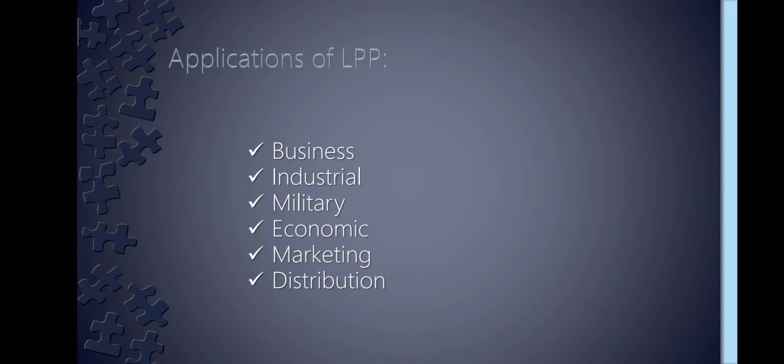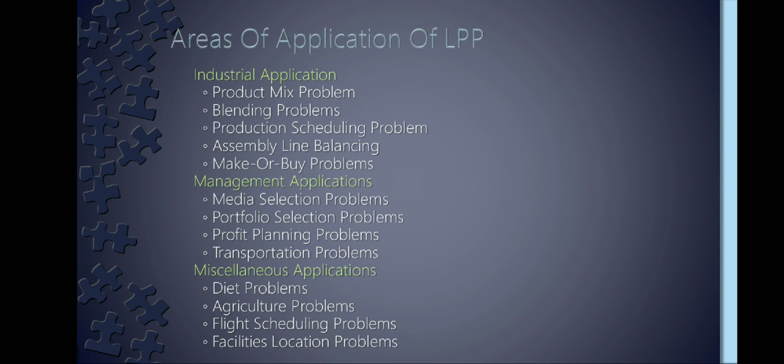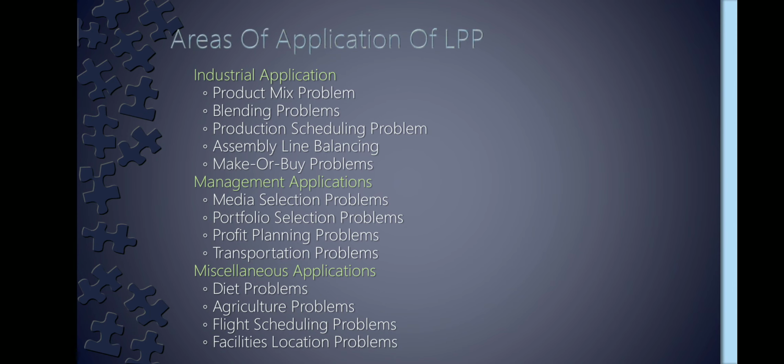LPP has numerous applications in various industries like business, industry, military, economics, marketing, and distribution. These are a few important categories where we widely use LPP models. In industrial applications, we normally use it for product mix problems, blending problems, production scheduling problems, assembly line balancing, and make or buy problems.